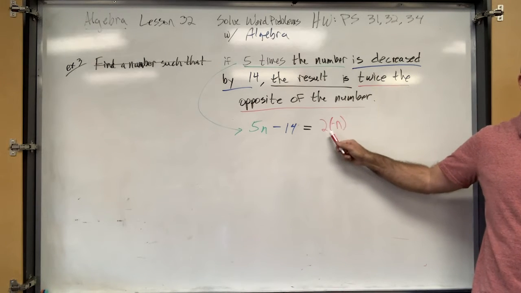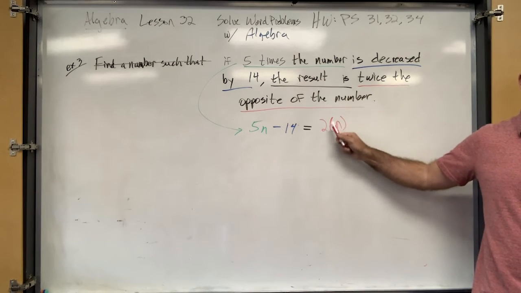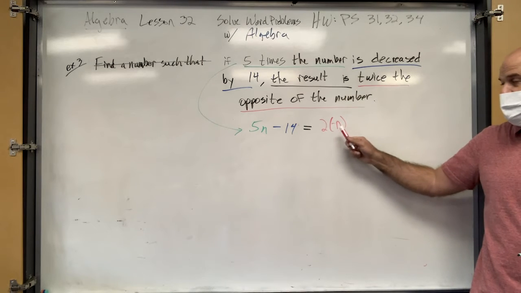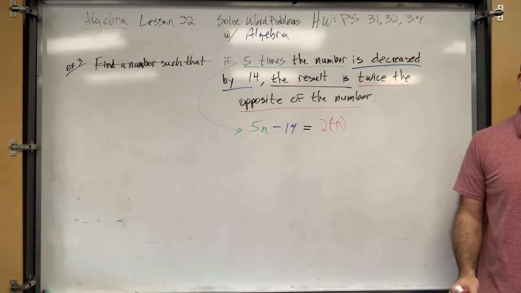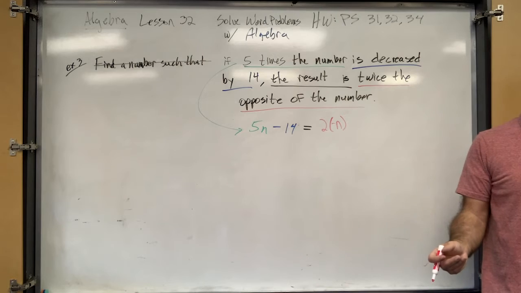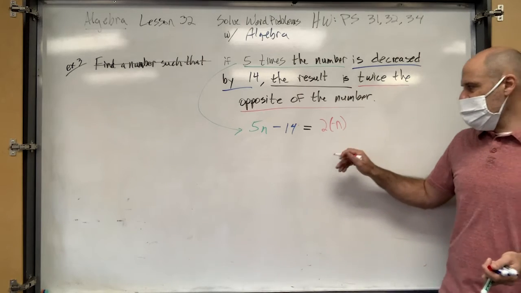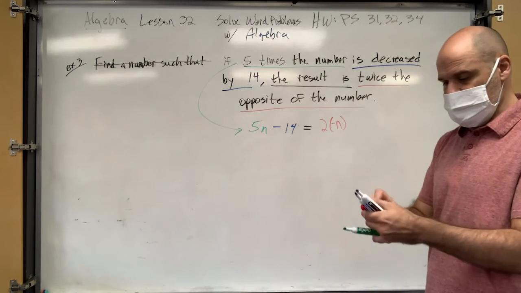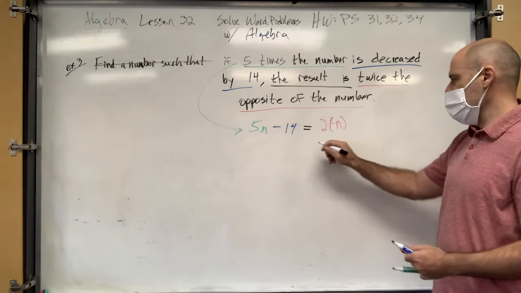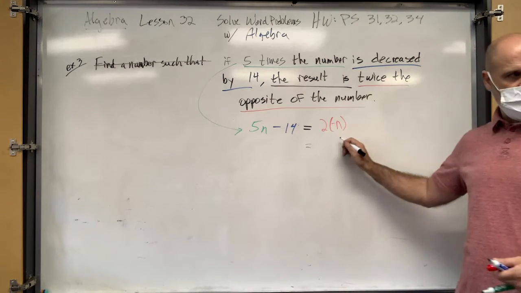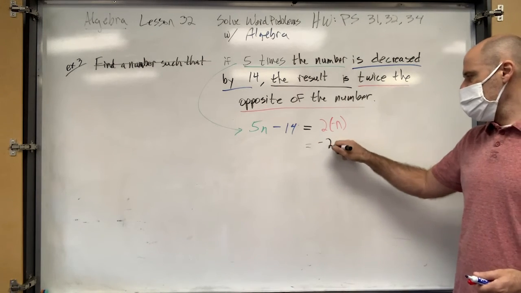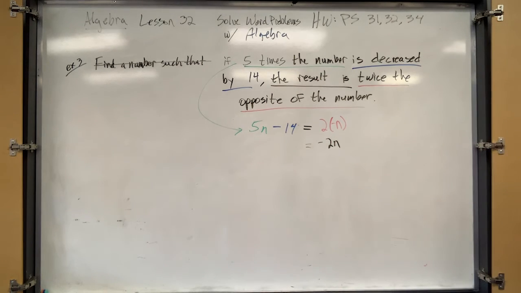See why you need those parentheses there? What if you didn't have parentheses and you just said 2 negative n? It's not 2 minus n, right? So it's 2 times negative n. Well, this just simplifies to negative 2n, right? A positive times a negative is a negative, whatever you're multiplying. That feel all right?